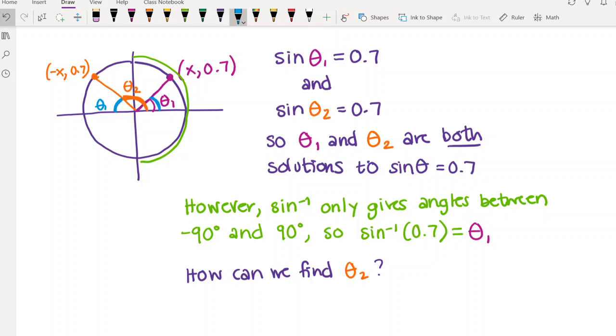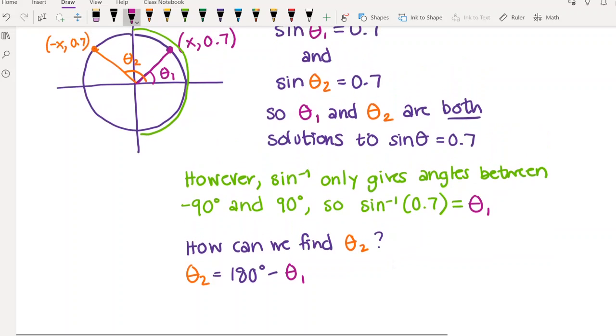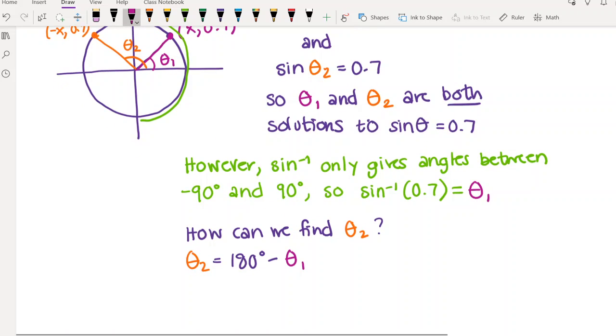And so theta 2 is going to equal 180 degrees minus theta 1. So hopefully you can understand why that is, looking at the picture.